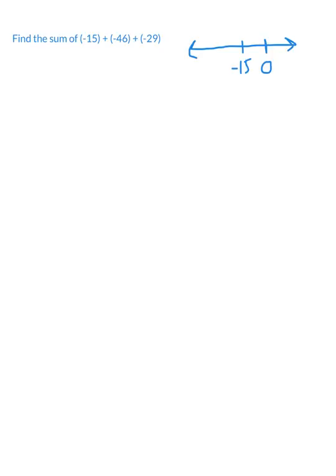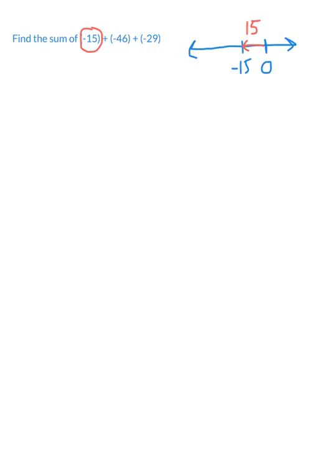And one thing when we're looking at this negative 15 is if we take the distance from 0 to 15, that's going to be the absolute value of negative 15. Or remember, that's just the fancy way of saying the distance from 0. So I have a negative 15 here, and the distance from 0 is 15 marks on my number line. And I'm going to the left, so it's negative.